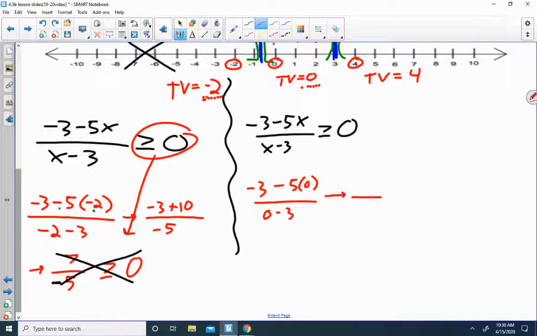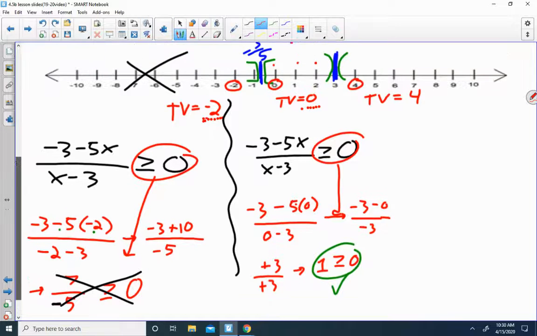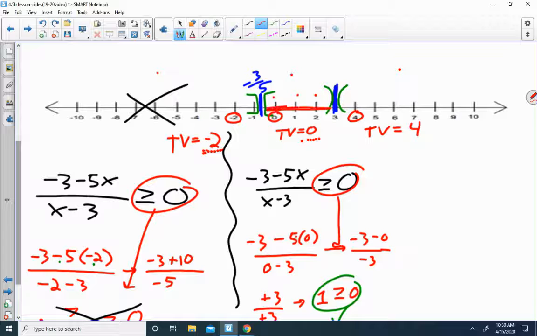On top, you'll get -3 minus 0, which is just -3. On the bottom, you get -3. Simplifying, the top is -3 and the bottom is -3, which gives you 1. And is 1 greater than or equal to 0? 1 is positive, and positive numbers are bigger than 0. So that one works. That means the second interval can be shaded as part of our answer.